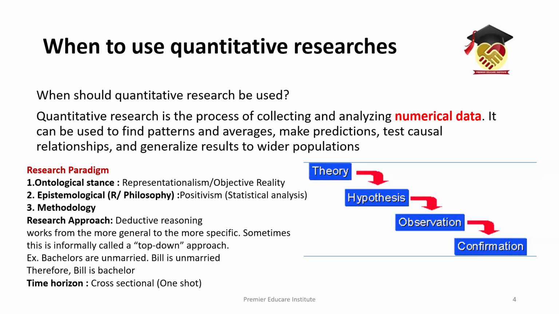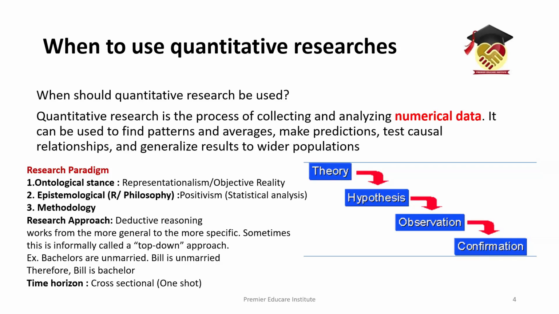When you come to the qualitative, you might see that the reality is subjective. Subjective means you can see as you want, I can see as I want. But here, objective means the reality will be the same for you and for me as well. That is the philosophical assumption for quantitative research. These are a little bit technical, you don't have to worry about that, but you have to write them down in order.